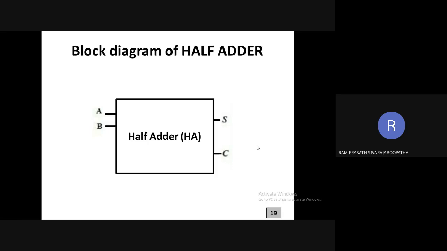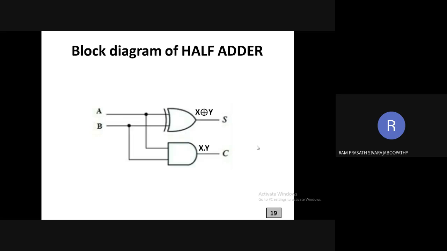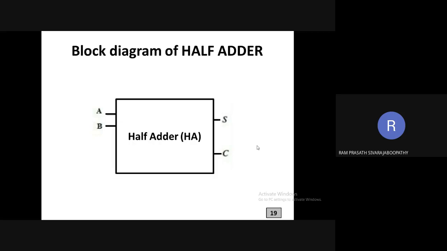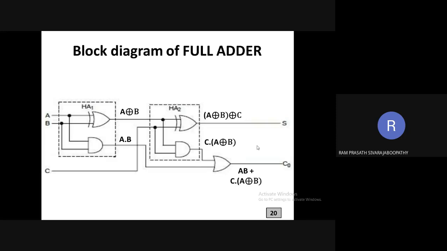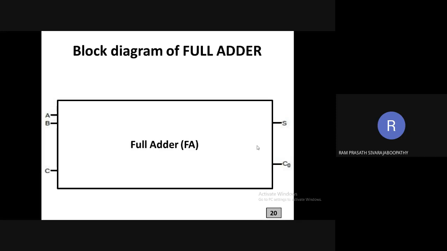In the exam, if you are asked to draw the logic diagram, digital logic diagram or logic circuit of half adder, you have to draw the circuit. If simply it is asked to draw the block diagram, you can draw this. Inputs A, B on the left hand side, outputs are sum and carry. Similarly, the full adder can be represented like this. 3 inputs, 2 outputs.